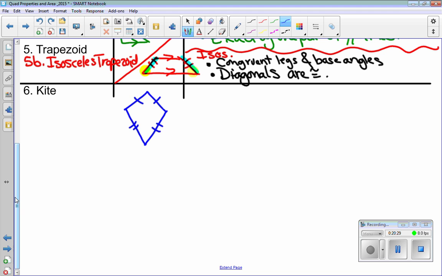This one, they're the adjacent ones. So two pairs of adjacent congruent sides would be one of the properties. There are some other things that are true, two more specifically.